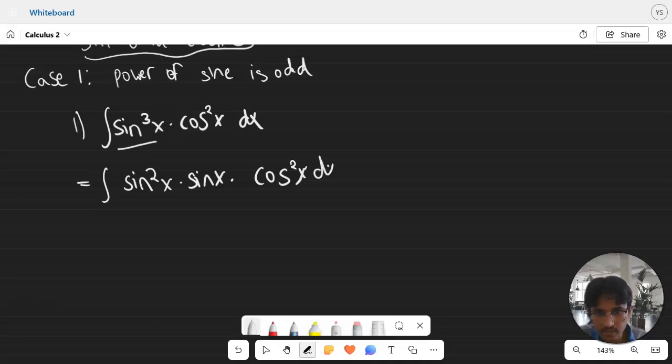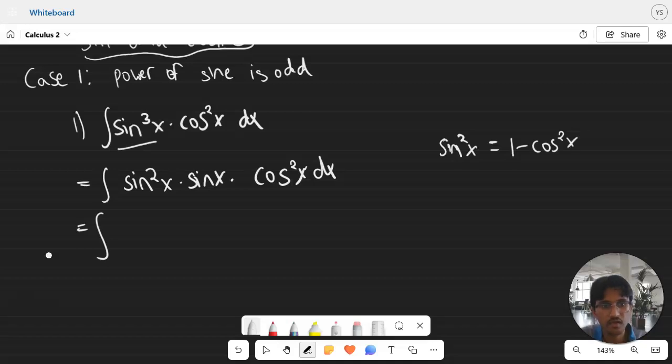Now, according to a formula that you might have come across previously, we know that sine square x equals 1 minus cosine square x.